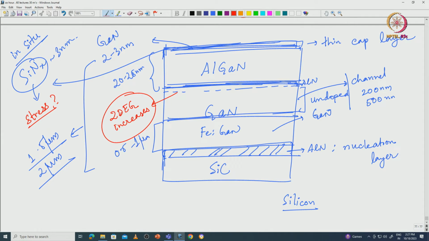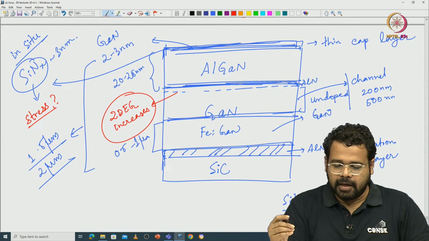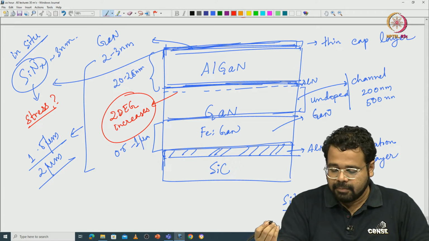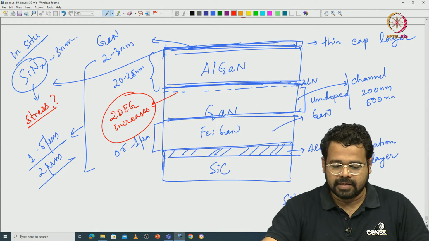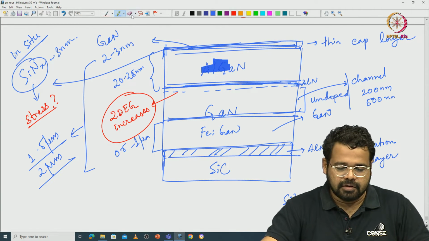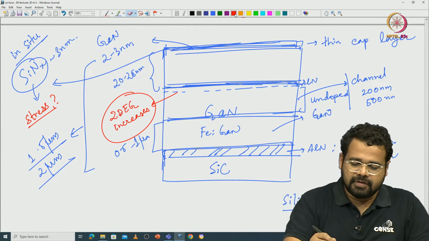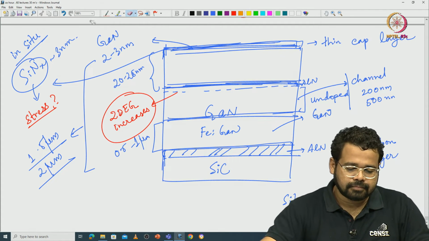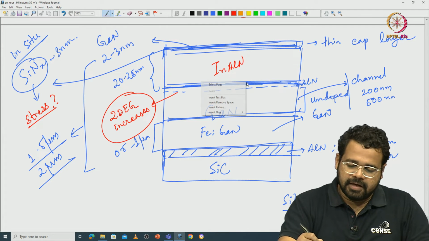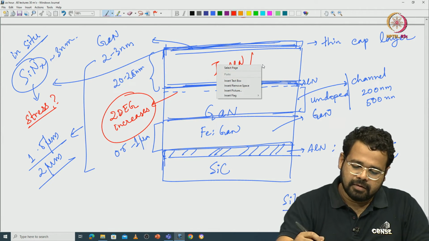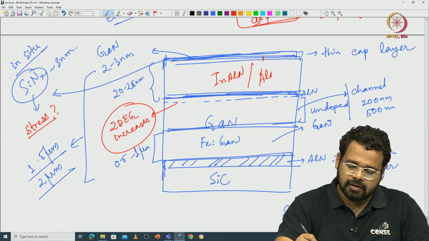This is the typical stack of an RF gallium nitride HEMT, and this is also what is mostly available commercially from vendors if you buy an epitaxial stack of AlGaN GaN HEMT. Of course people have different other stacks; academically people have investigated a wide variety. For instance, people have done this barrier as indium aluminum nitride, people may have tried aluminum nitride, okay.